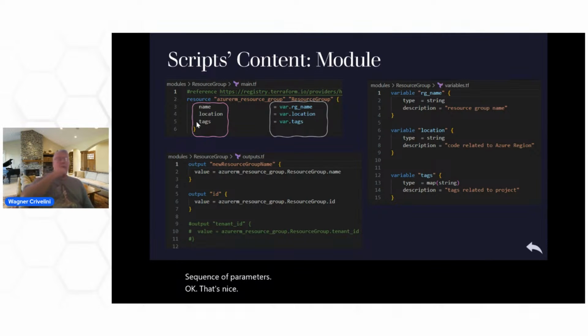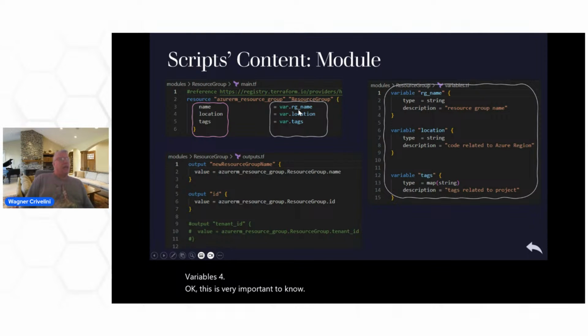Okay, that's nice. What's next? Well, I have some vars in here, but the vars have different names. What are those variables for? This is very important to know. Those names in here are also defined in the module's variable script.